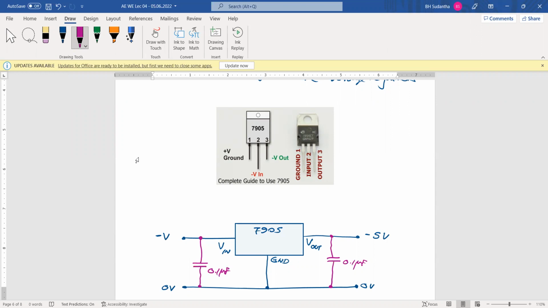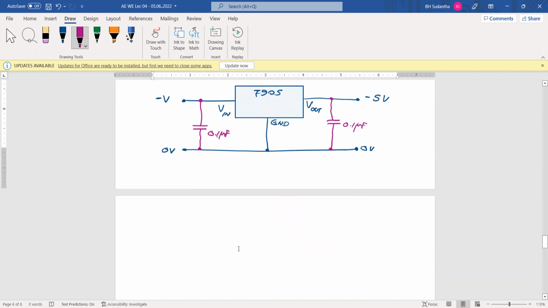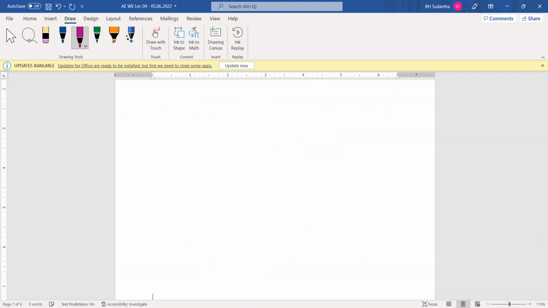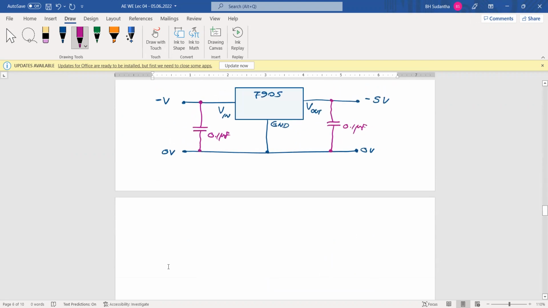And like the previous one, if you use this one, and this is 7905, it's minus 5 volts. Likewise, if it is 7912, it's minus 12 volts.